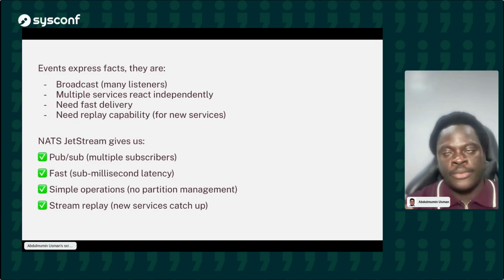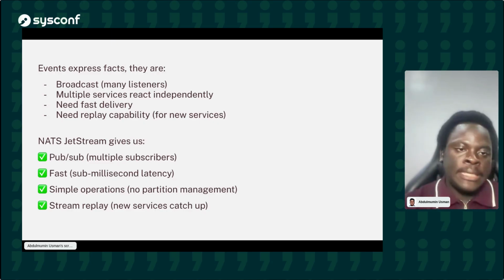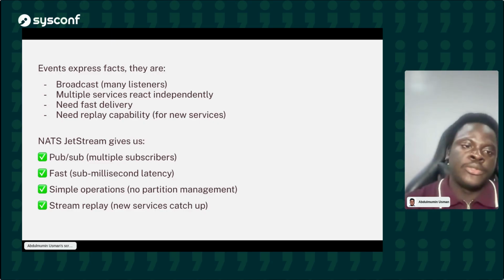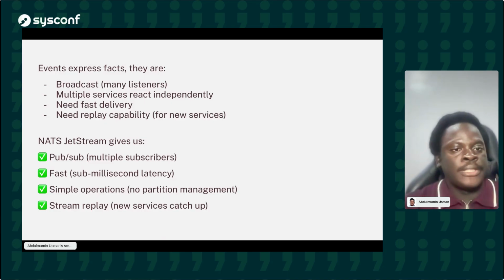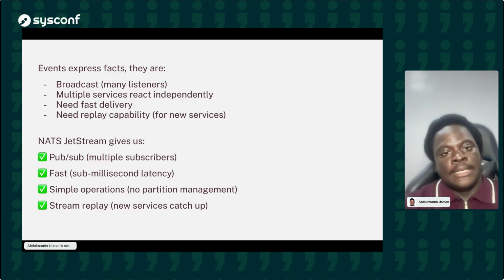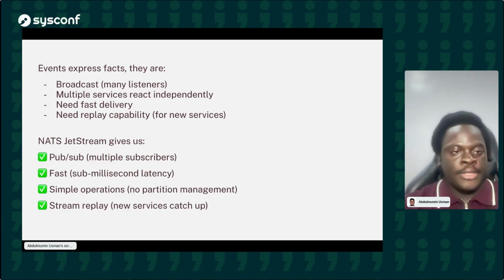So NATS JetStream gives you the same pub/sub with multiple subscribers and as many producers as you want. It's fast, usually sub-millisecond latency, and it has simple operation.